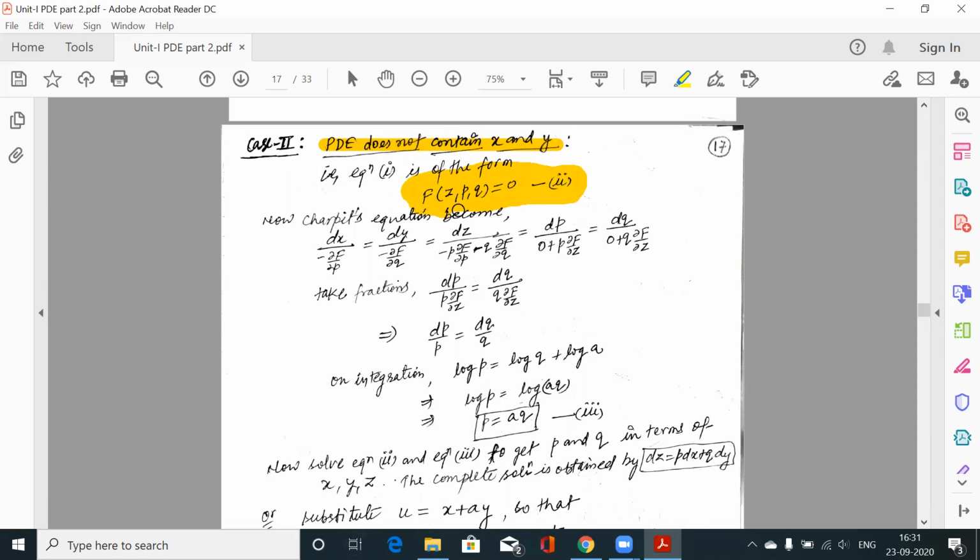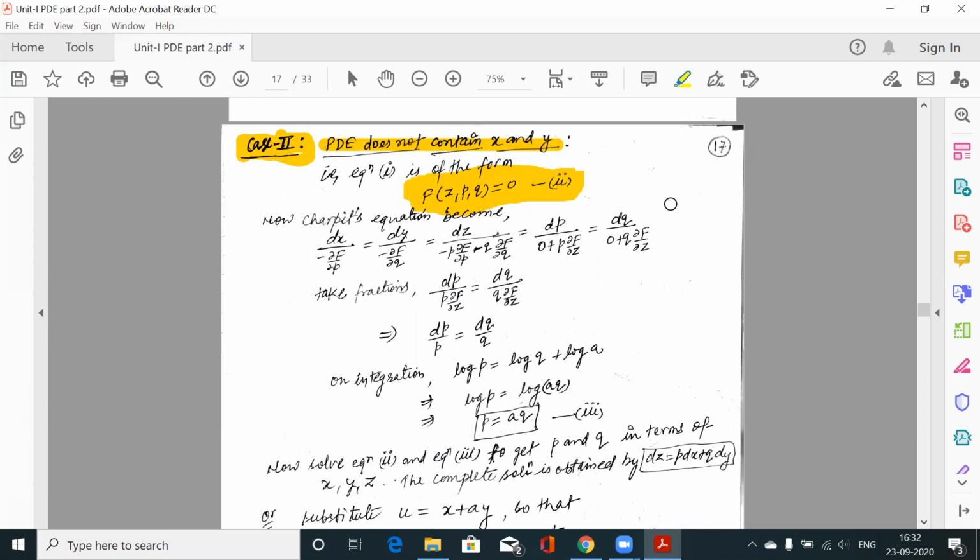अगर इस फॉर्म में इक्वेशन होता है तो कैसे सॉल्व करना है? This is case 2. Again, if you don't remember the cases, you simply solve this question using Charpit's equation. You will get the same answer. Because this is a non-linear equation, you apply Charpit's equation, get one integration, and use dz is equal to p dx plus q dy as the solution.